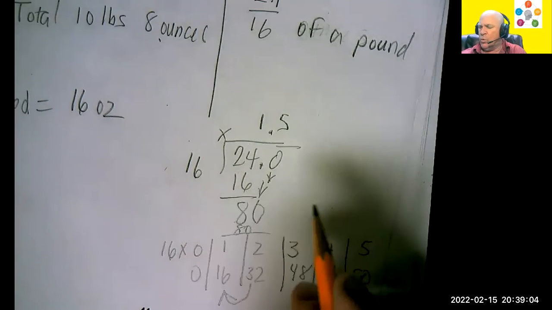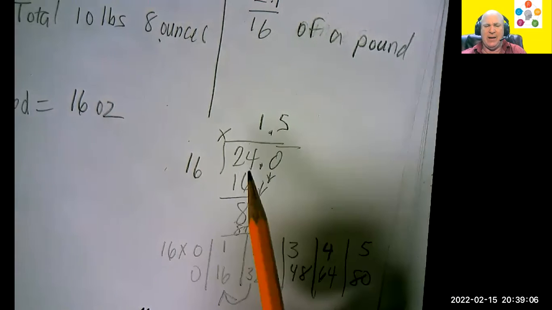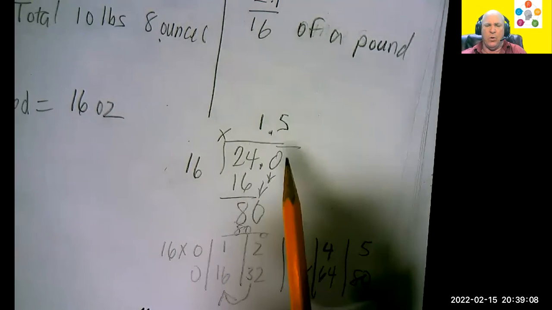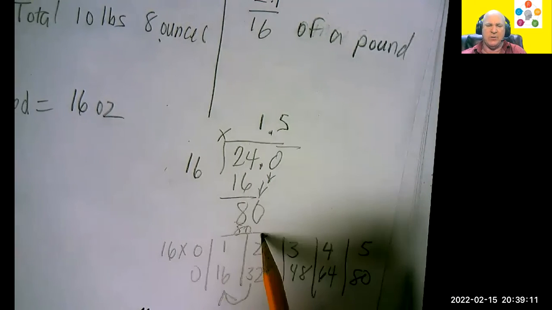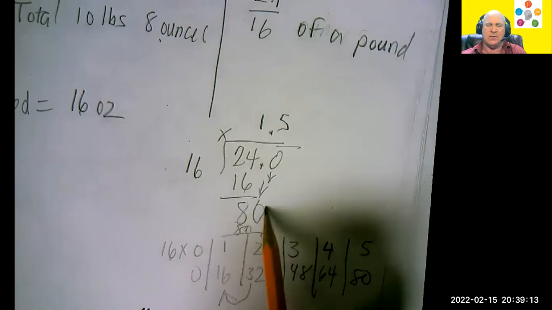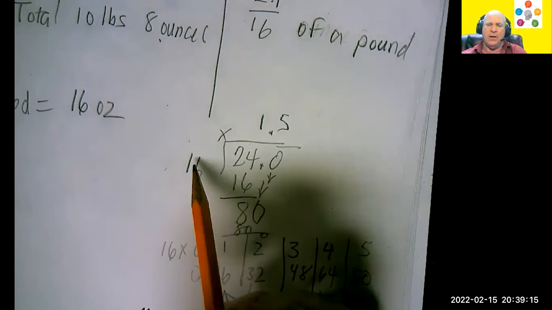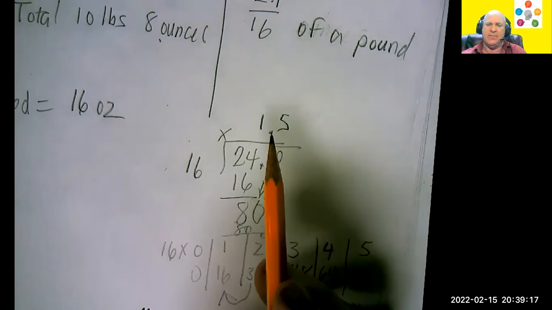So 1 pound and 8 ounces, 1 and 8 out of 16, 8/16 is the same thing as 1 and 5/10 of a pound.